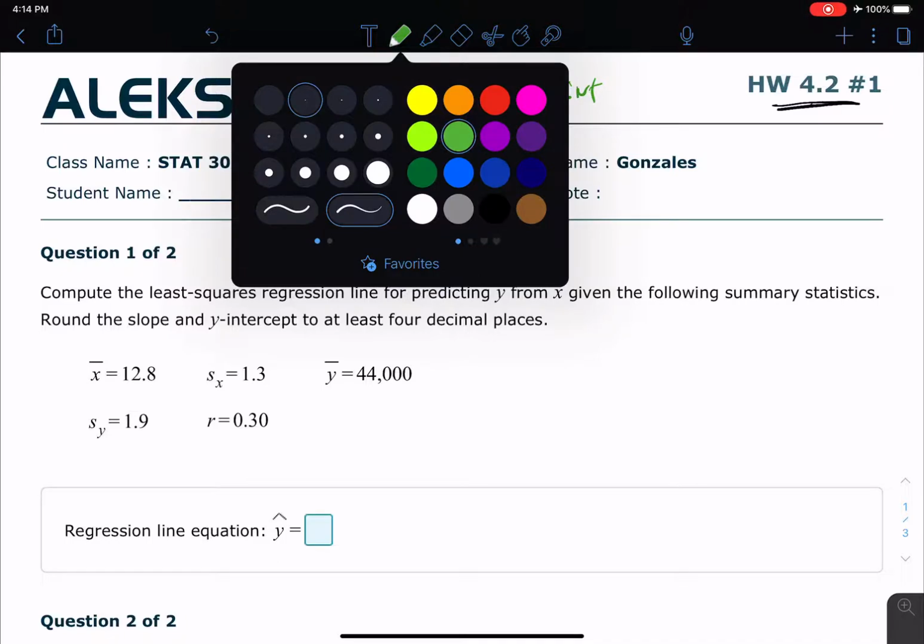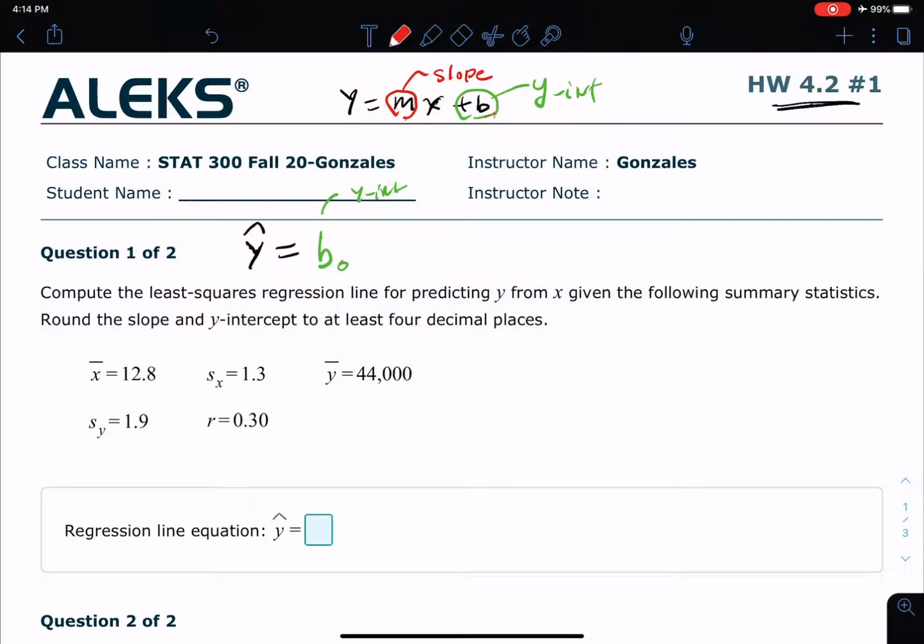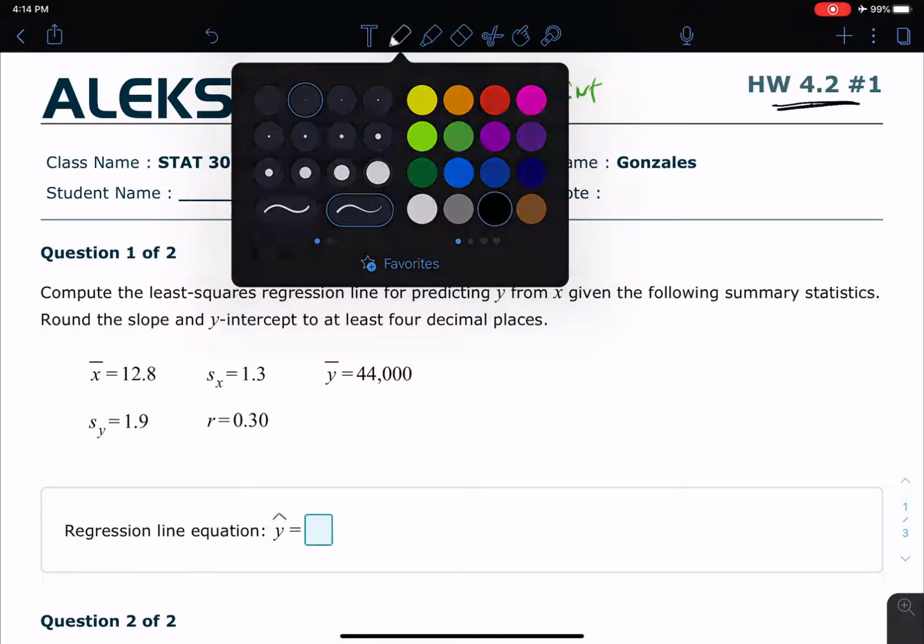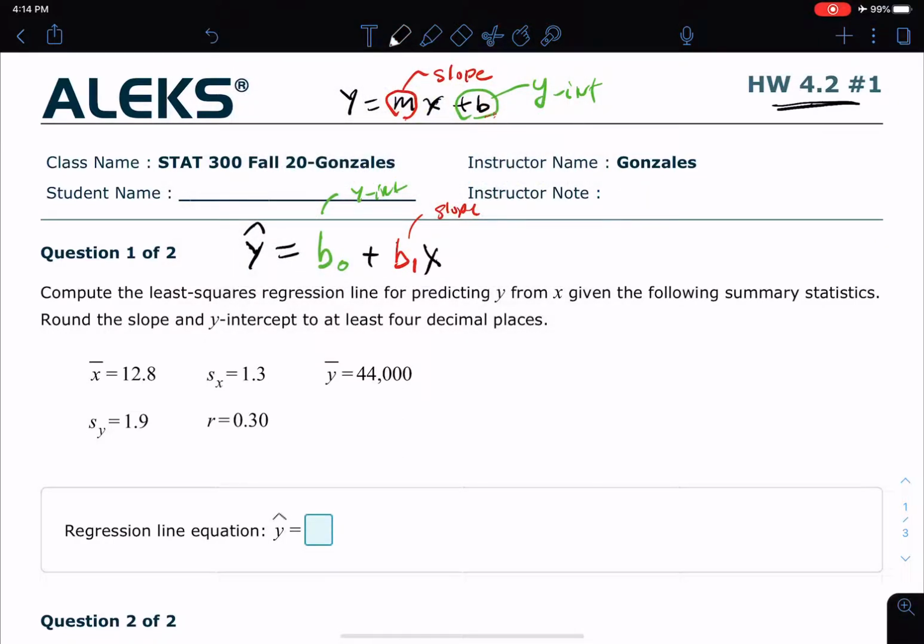Next comes our slope, which is called b sub 1. And that's the slope. So that's x, and that's plus. So there's our regression line, and the red b sub 1 acts just like my m slope from algebra, and my green b sub 0 acts just like my y-intercept in algebra.